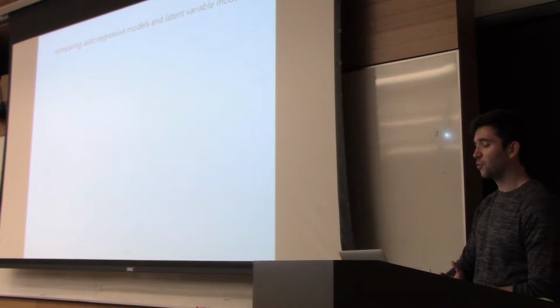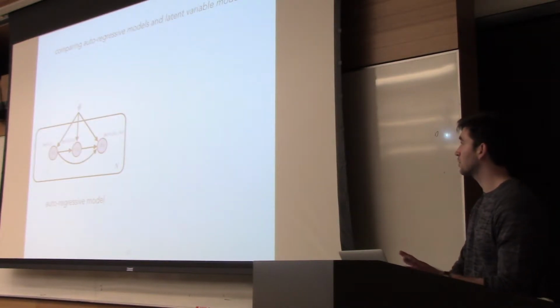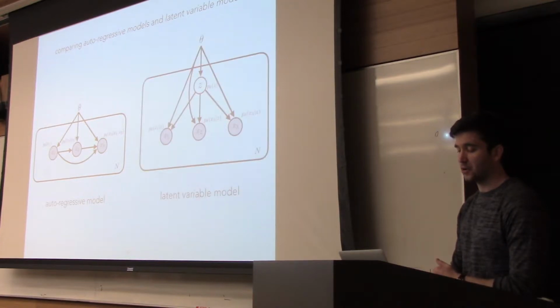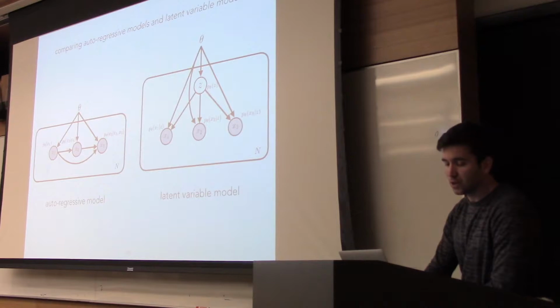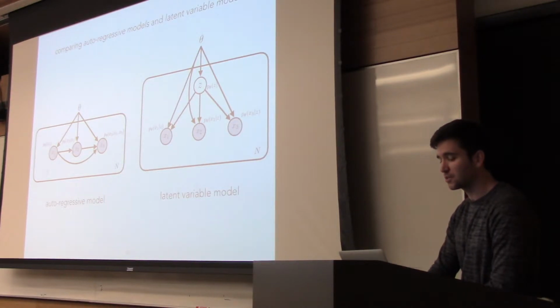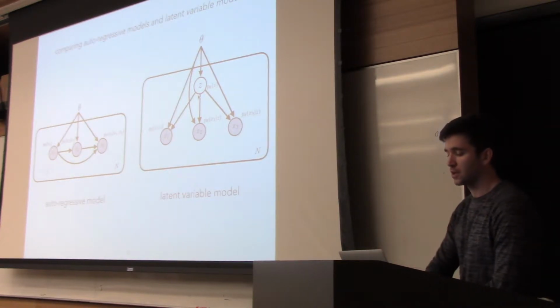So let's compare what we would have with a latent variable model. So we had this for our autoregressive model. Now, in a latent variable model, instead of modeling these low-level conditional probabilities, we might instead introduce this latent variable that tries to capture some global structure in the data.